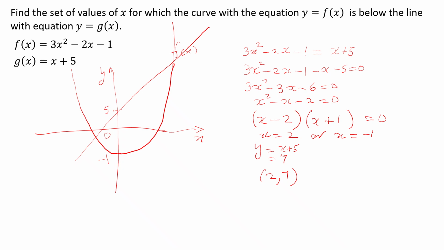Next one, y equals minus 1 plus 5 is 4. (-1, 4). So the intersection points are (2, 7) and (-1, 4).